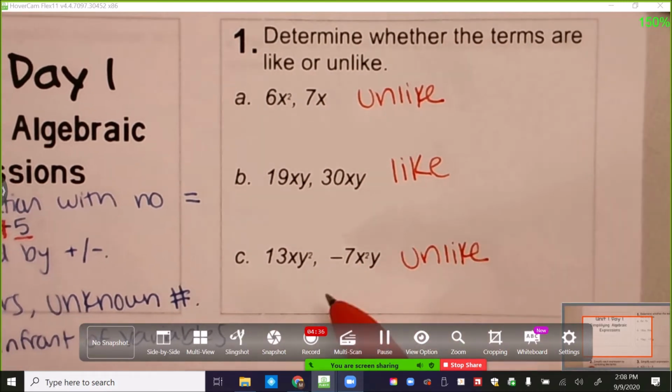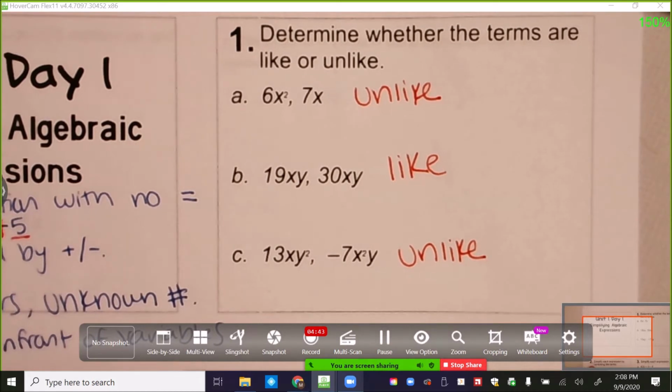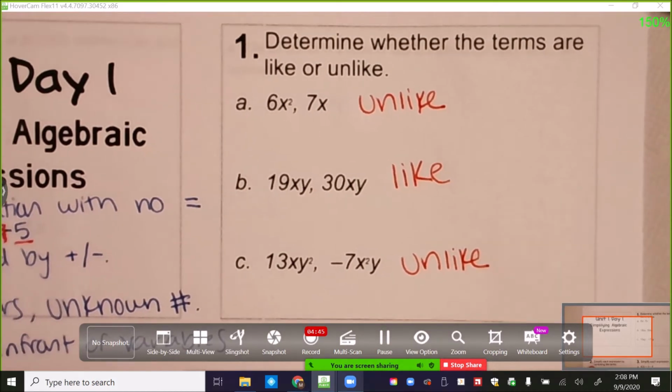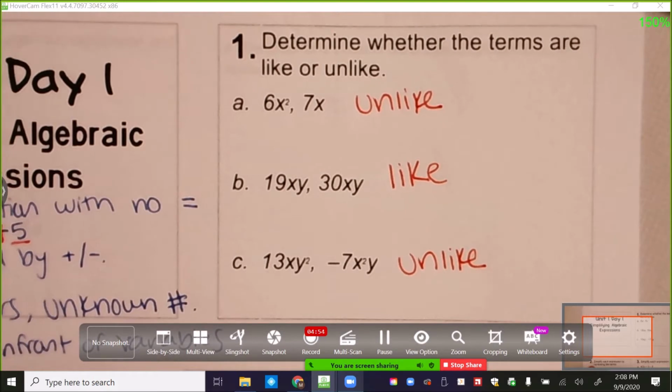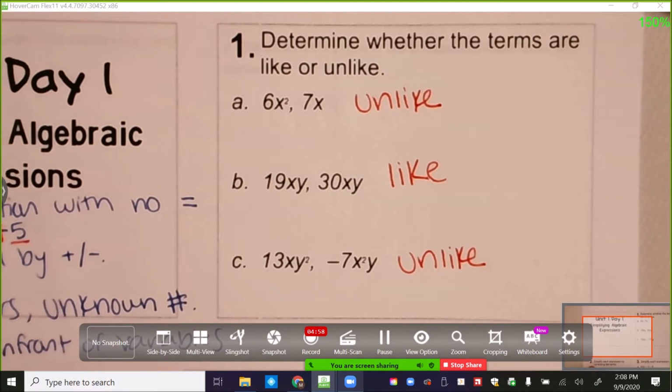Okay, the variables are the same, but the exponents on the variables are not the same. Okay, any questions with that? Okay. So next we're going to actually simplify a couple of simple ones, and then we'll move on to what more we're practicing, okay?